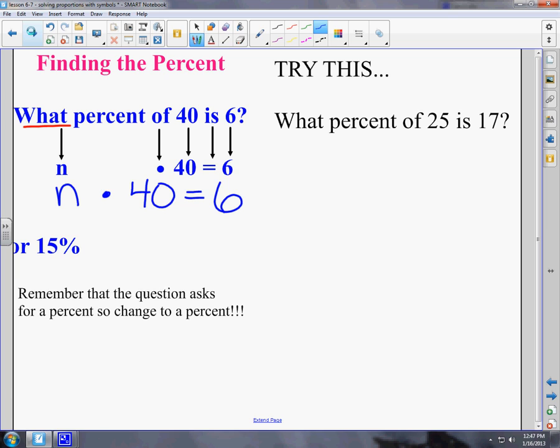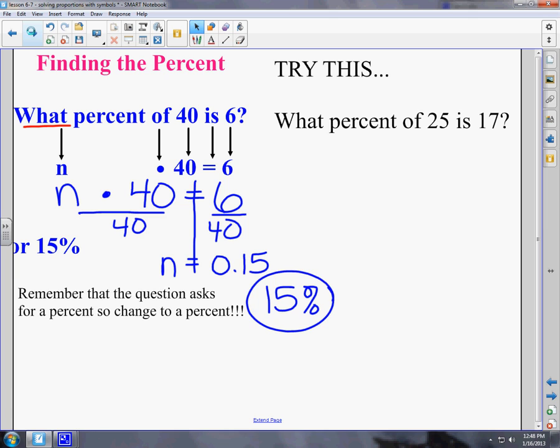Then you draw your line and divide both sides by 40. Then you take your calculator and do 6 divided by 40, which equals 0.15, but they want it as a percent, so you'd make it 15%.